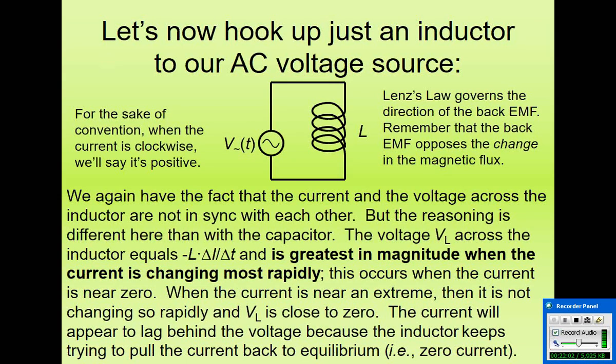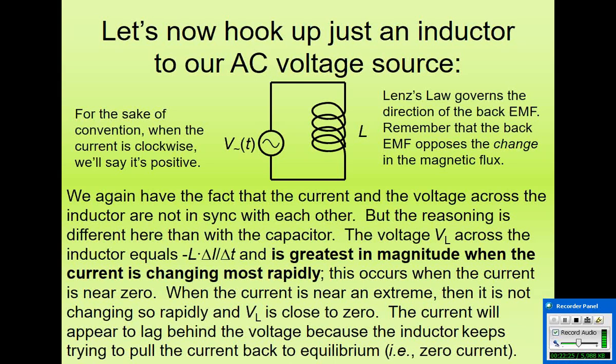And this substantial magnetic field is going to be changing in time. And because this magnetic field is changing in time in a coil, there's going to be back EMF generated in the coil. That back EMF we're going to call V subscript L, the voltage across the inductor.